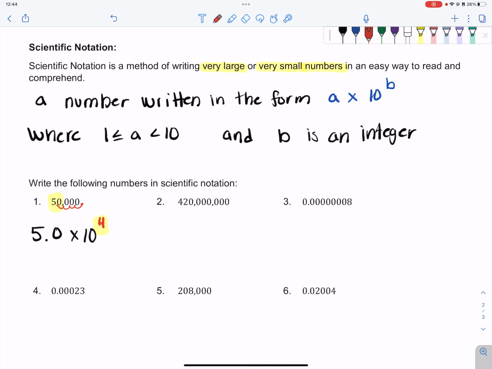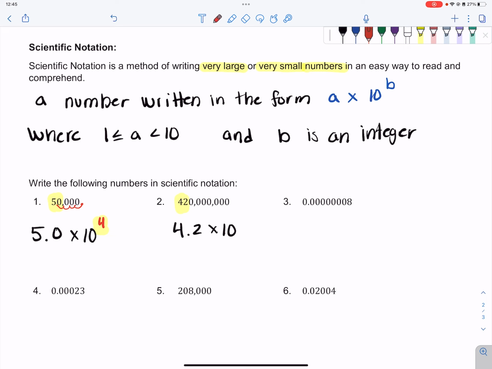The next problem, we have 420 million, and we want to write this one in scientific notation as well. So I'm going to take a look at my number here, and what I'm going to do is put the decimal place right after the 4. So that gives me 4.2, and then I'm going to have times 10, and now I need to figure out what that exponent on the 10 should be.